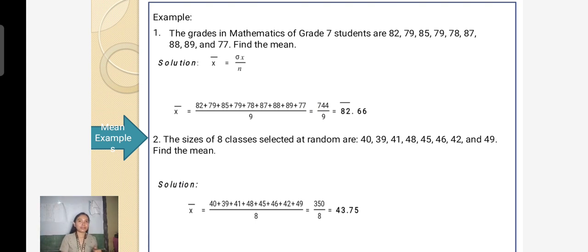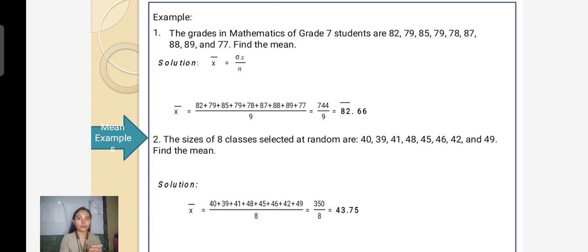So please bear with me. Example number 1, the grades in mathematics of grade 7 students are 82, 79, 85, 79, 78, 87, 88, 89, and 77. Find the mean. So for the solution, use the formula x bar is equal to summation of x over n. So sa akong formula din sa screen, na changes.